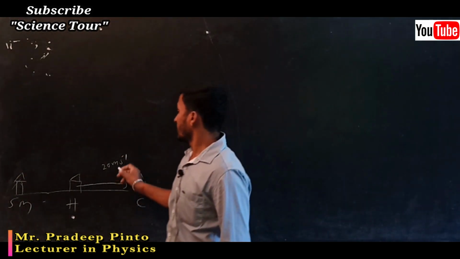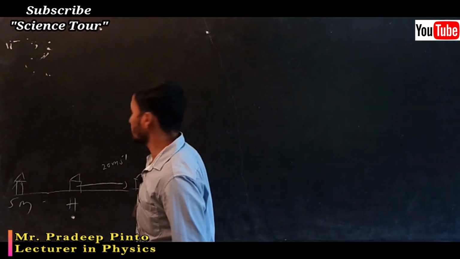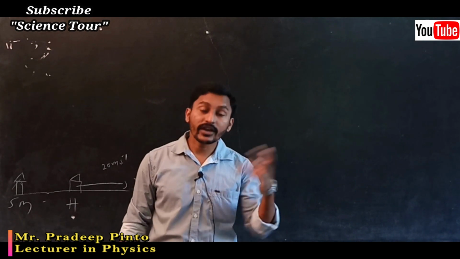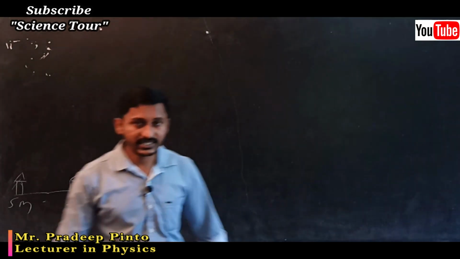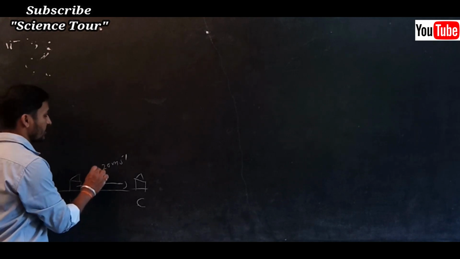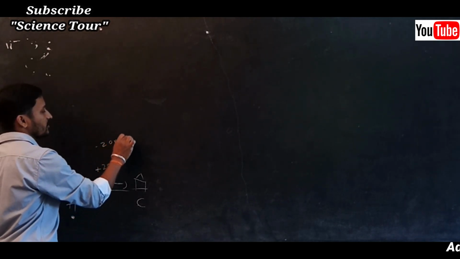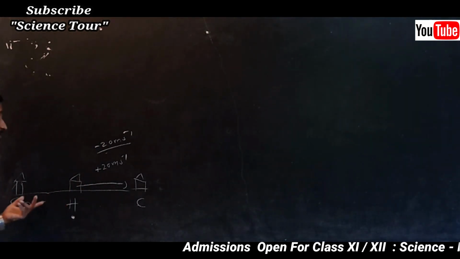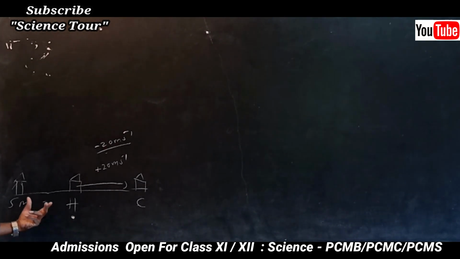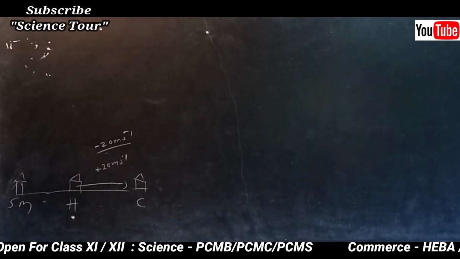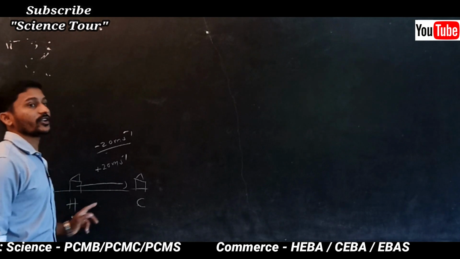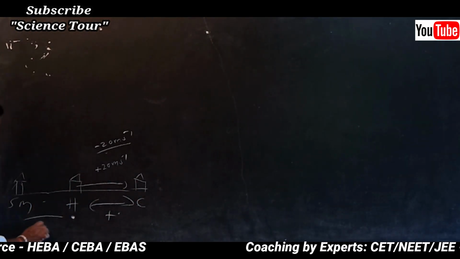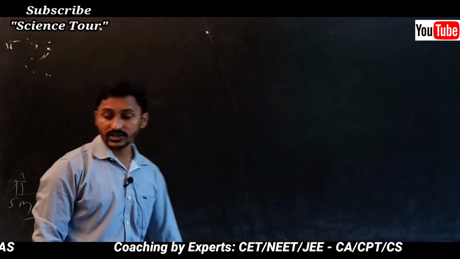If I say you are moving 20 meter per second towards college, that is a particular direction. Mathematically we write it as plus or minus 20 meter per second. Minus 20 meter per second means you are moving to the shopping mall, while plus 20 meter per second means you are moving to college, because this direction is plus and this direction is minus. How many directions are possible?